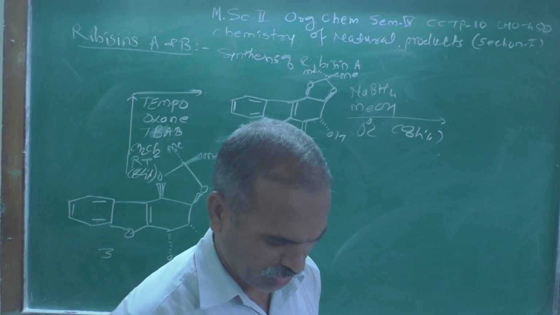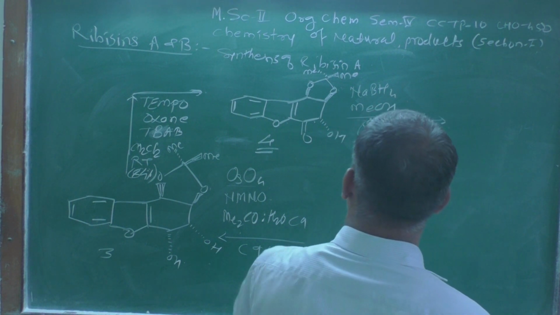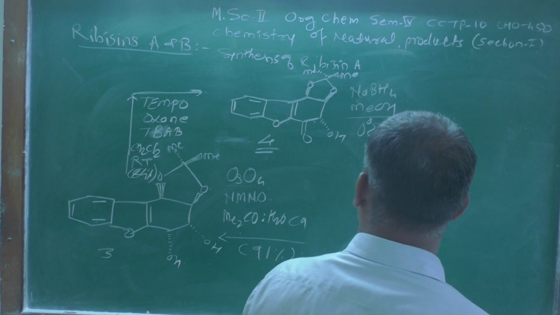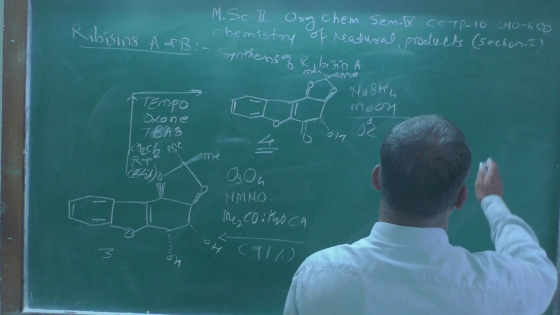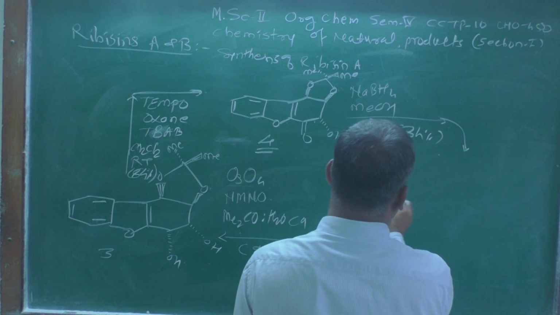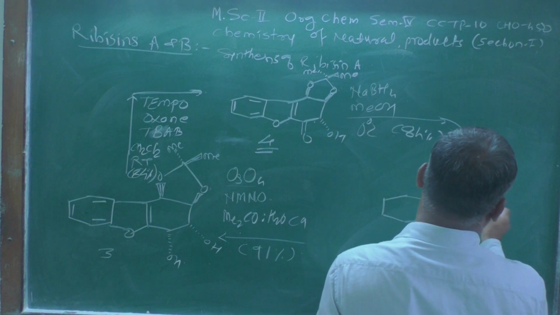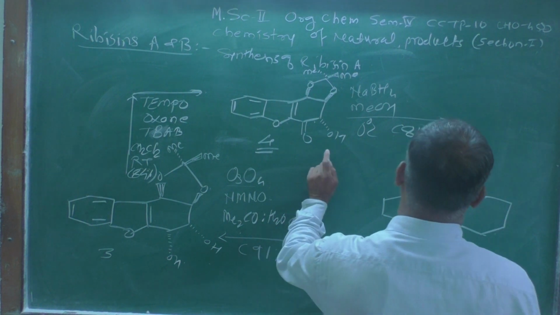And sodium borohydride is well known for reduction of the carbonyl group, only; the carbon-carbon double bond remains intact. Let me draw that structure over here suitably so that you can clearly see it.